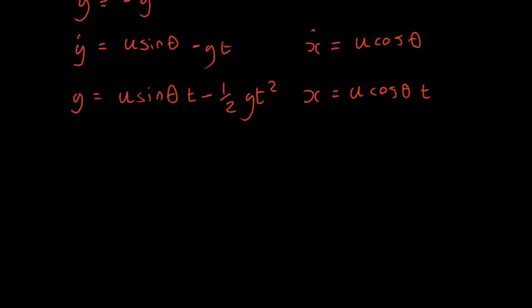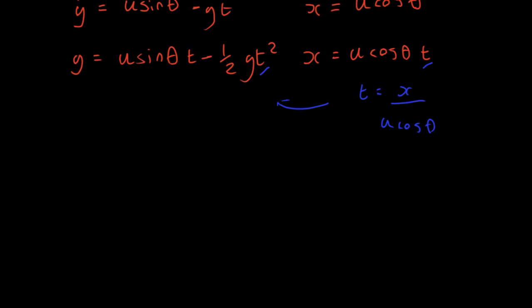So we're going to start with time, and we're going to get something called the equation of trajectory of the parabola. I'm going to say t is x divided by u cos theta, and I'm going to sub that into my equation for y. You may have seen this before, and if you have, you can skip this bit.